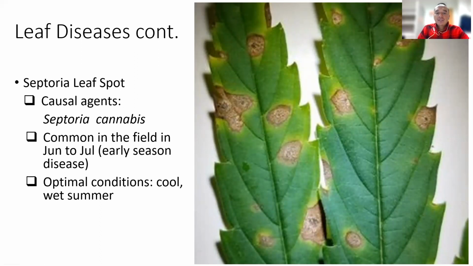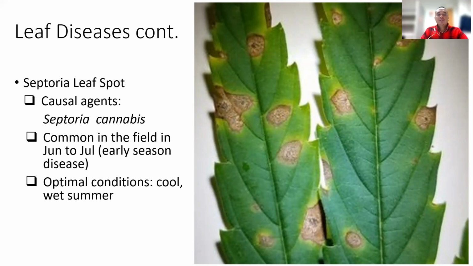They are actually pycnidia, which are structures that hold conidia of the pathogen spore, and can usually be seen on that spot, and the spot itself is bordered or surrounded by a bright yellow halo. This disease can also cause premature leaf defoliation, and it is commonly seen in the field in June to July.